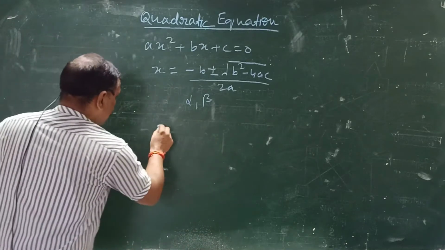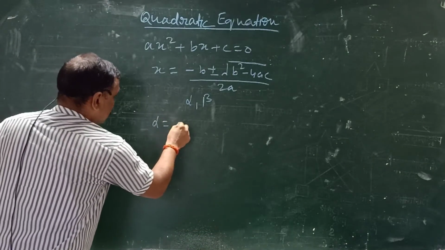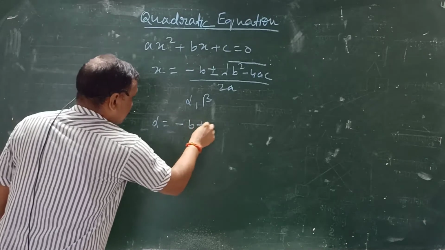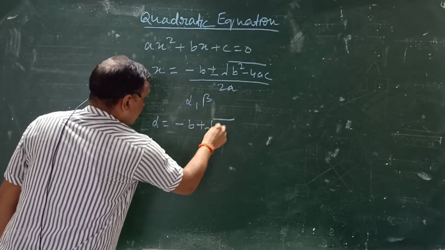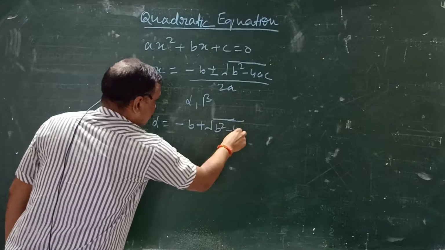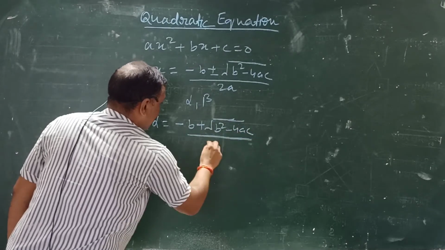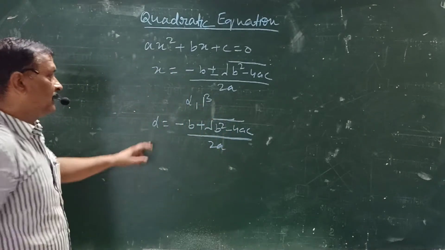And the value of alpha is equal to minus b plus root b square minus 4ac upon 2a. It is the value of alpha.